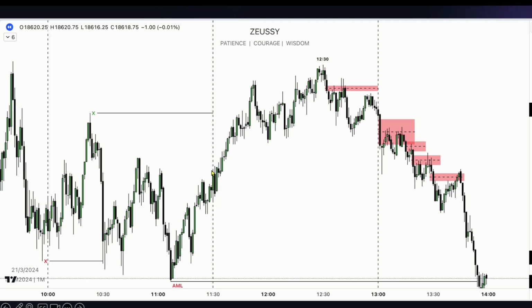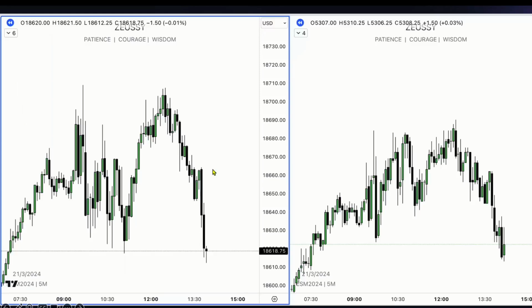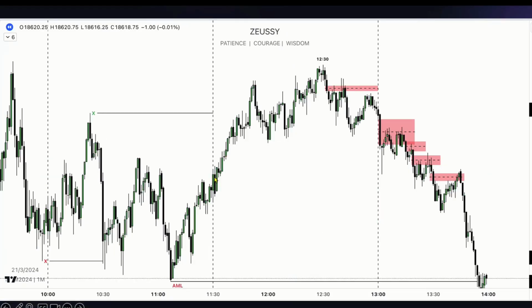Look at how the market respected the high right here. Apologies, I went too quickly there. We'll touch on those two markets in a bit. But it retraced all the way into the high of this candle right here, the candle that formed the low of the previous cycle. Go into your own charts and study the perfection right here. And the market respects that high of this candle perfectly with the closes.